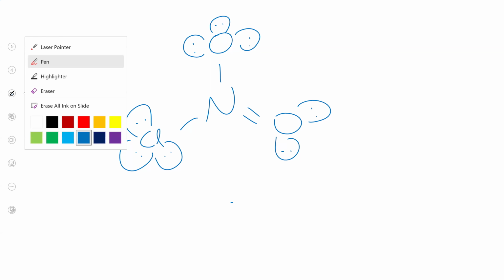Right. We just need something attached to that central atom that's not the same as the others. So it can be a lone pair, it can be a different atom, it can be both. But you need something to be different to have that asymmetry.